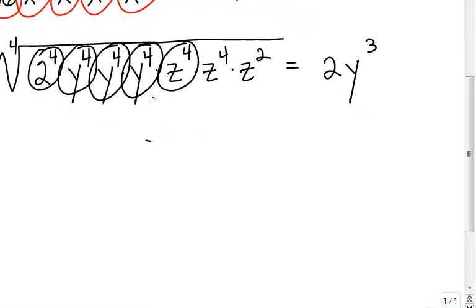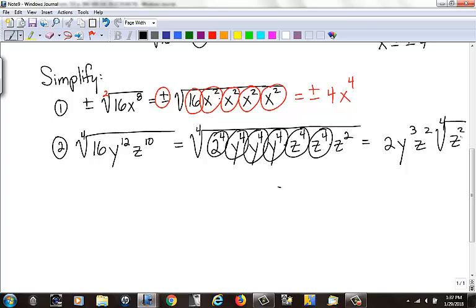Out of this I would take out a z, and if you circle it, then what's not circled is left inside, z to the 2nd. So 2y cubed, fourth root of z to the 2nd. And the most common error is people leave off the 4th root. They write it as a square root. Yep, that is the most common error. Okay.